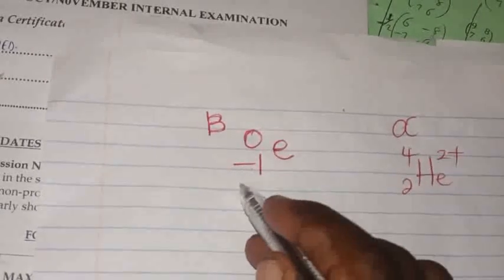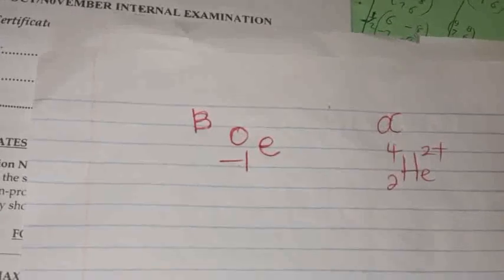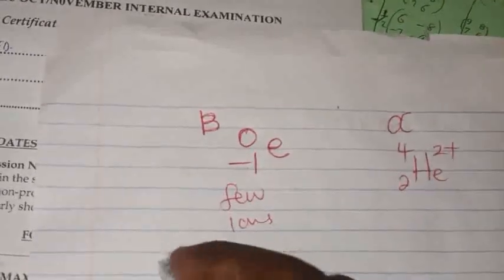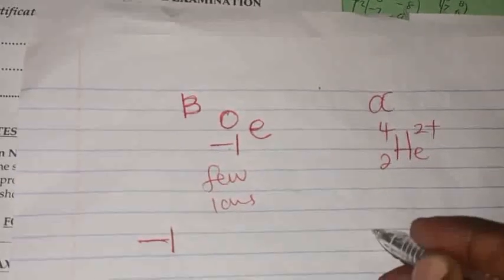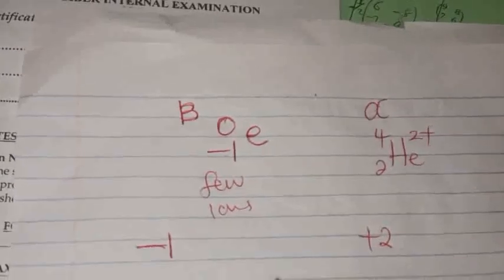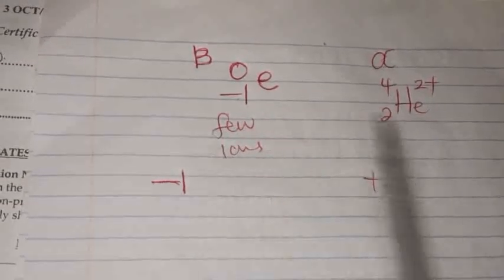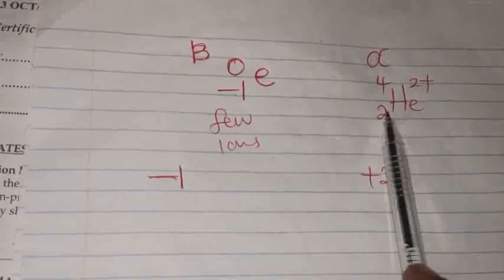So I have -1, then I have +2. This is negatively charged, that's the beta particle. This is positively charged, that is the alpha particle.